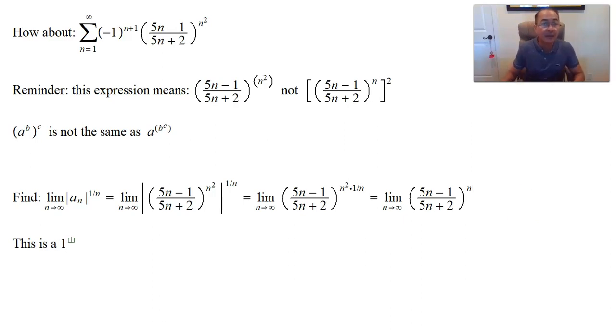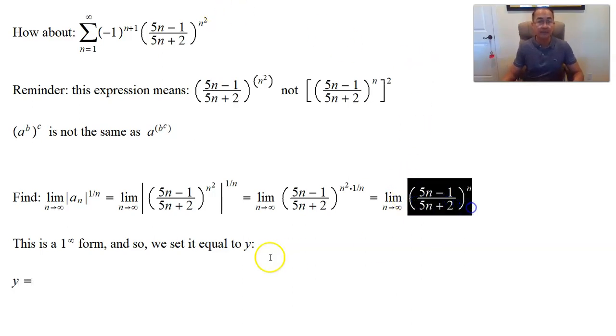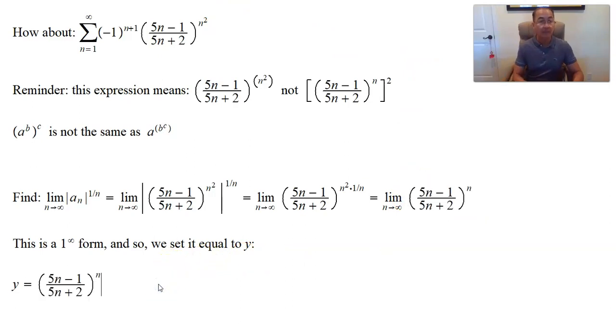And so we set it equal to y. Y equals this thing. And then we take the natural logarithm of both sides.